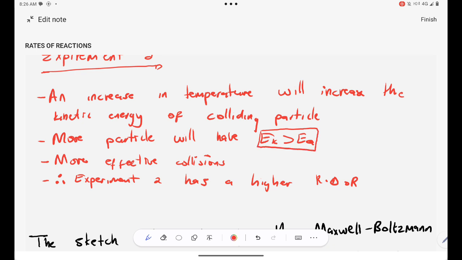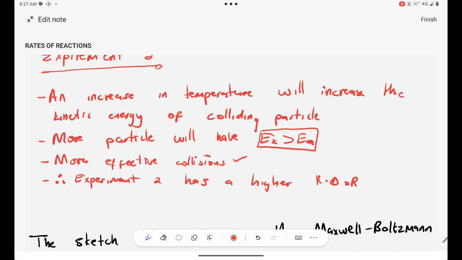So if now more colliding particles have kinetic energy greater than our activation energy, it simply means that we will have more effective collisions per unit time. And obviously, if there are more collisions per unit time, that simply means the rate of reaction will increase. That's how you predict your reaction rates by just using collision theory.